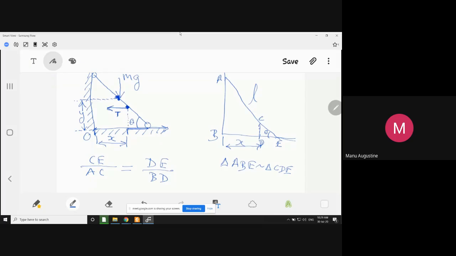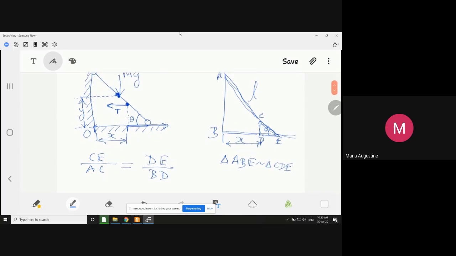Since these two triangles are similar, what I can say is this length CE divided by AC must be equal to DE divided by BD. This relationship is already known to us. So by using this relationship, let me try to establish a relationship.